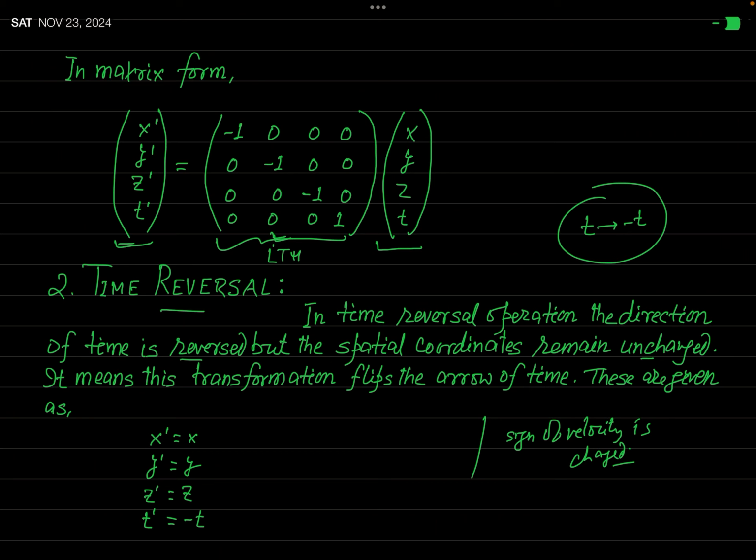Okay? It means that this transformation flips the arrow of time only, not the sign of position coordinates or space coordinates. Therefore, you can easily write this transformation in this way: x dashed is equal to x, y dashed is equal to y, z dashed is equal to z, and t dashed is equal to minus t.